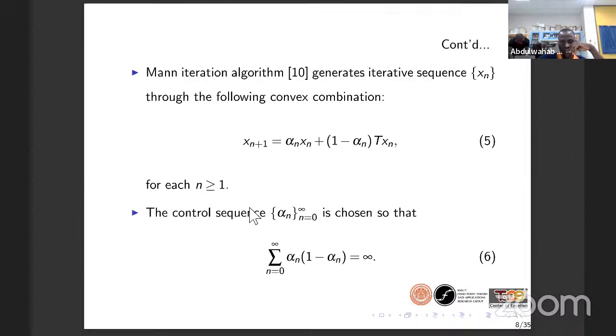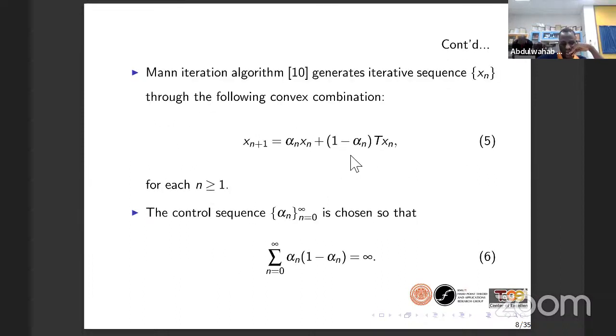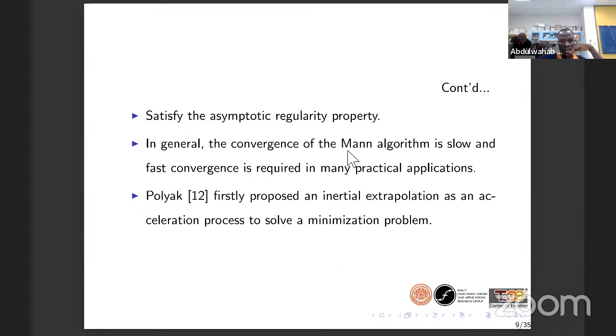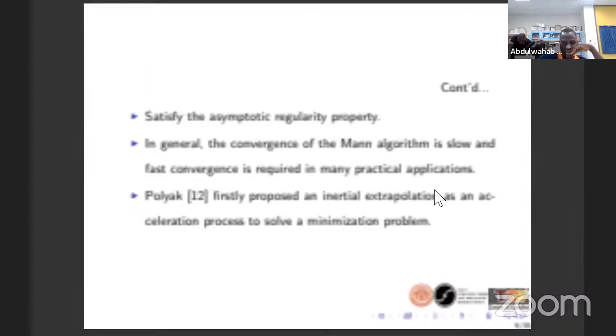Mann also made an improvement on the Schaefer-Krasnoselskii iterative methods by considering a sequential parameter instead of the fixed one considered by Schaefer, with an additional condition on the controlling parameter alpha n described in 6. The essence of the additional condition 6 is to ensure what we call the asymptotic regularity property, which is not there in Schaefer's iterative method.